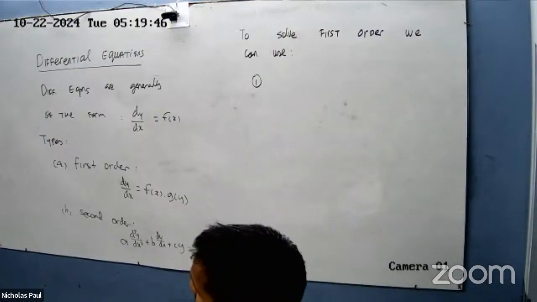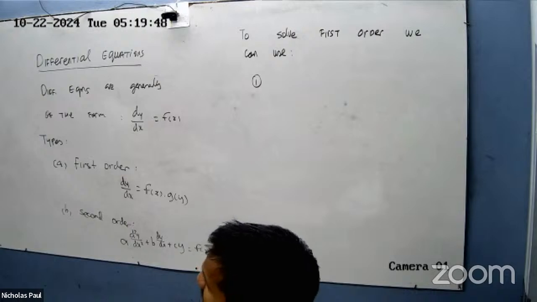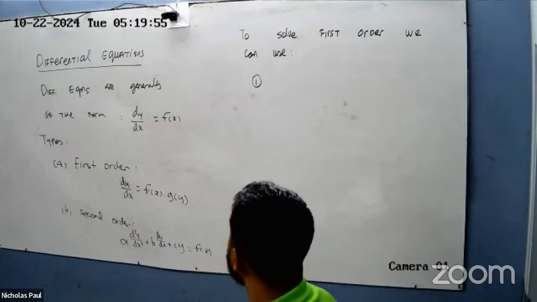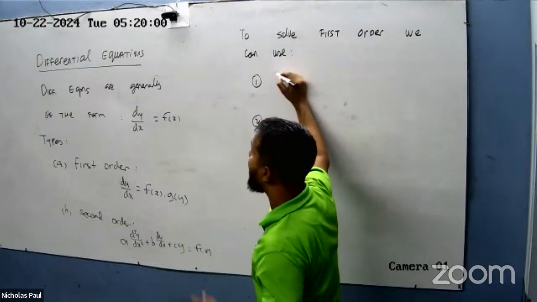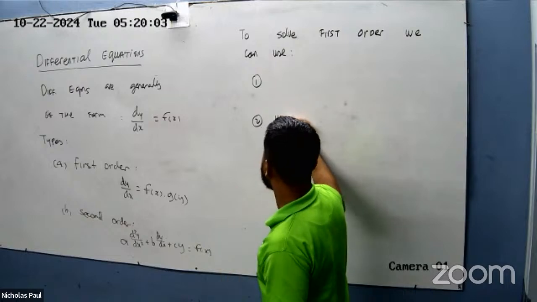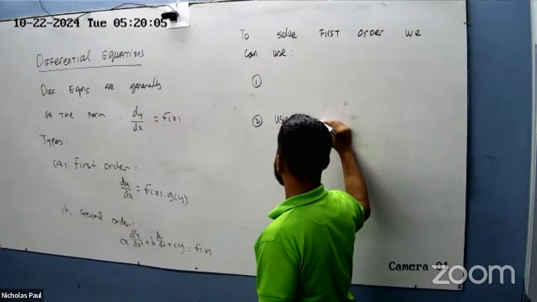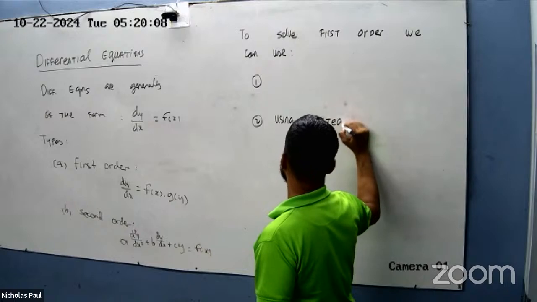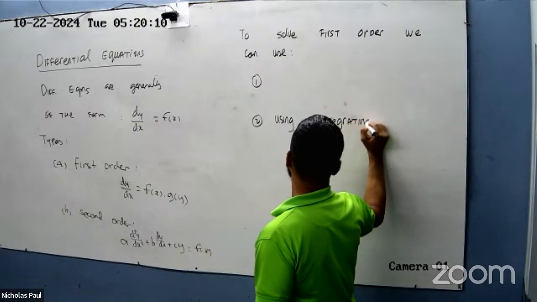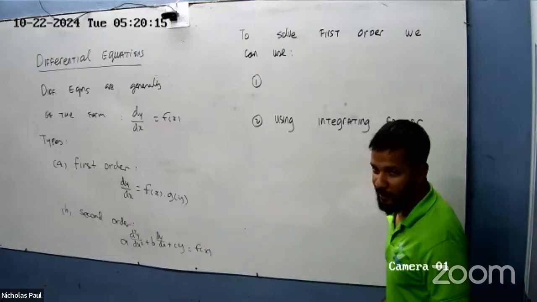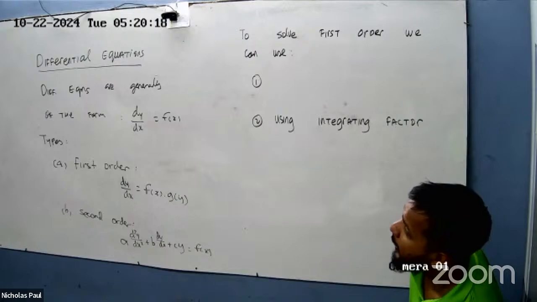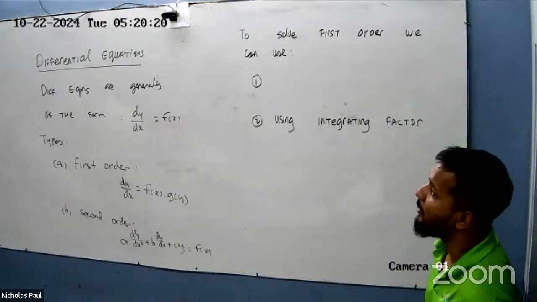Who online? Rihanna? Rihanna, Amanda, you remember what the first technique to solve first order was? Yeah. Anybody remember number 1? Anybody online? Amanda?